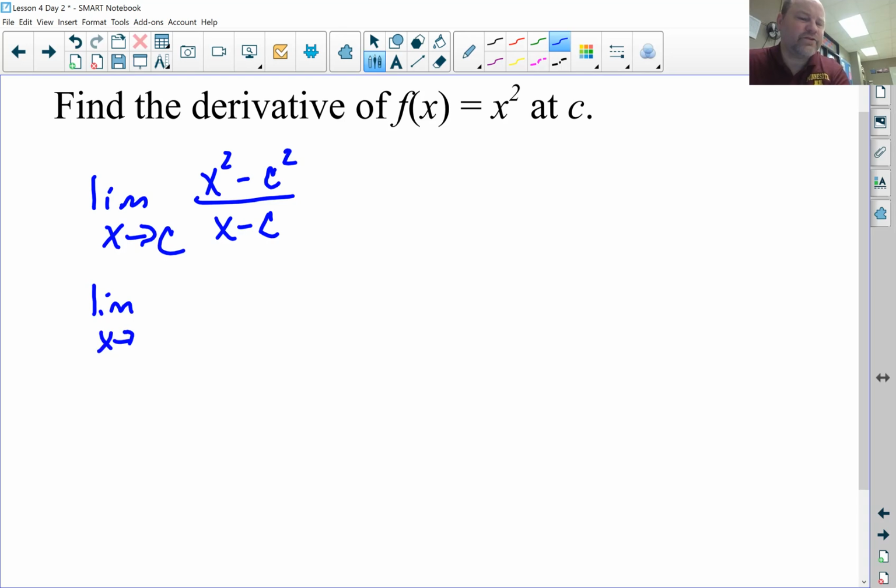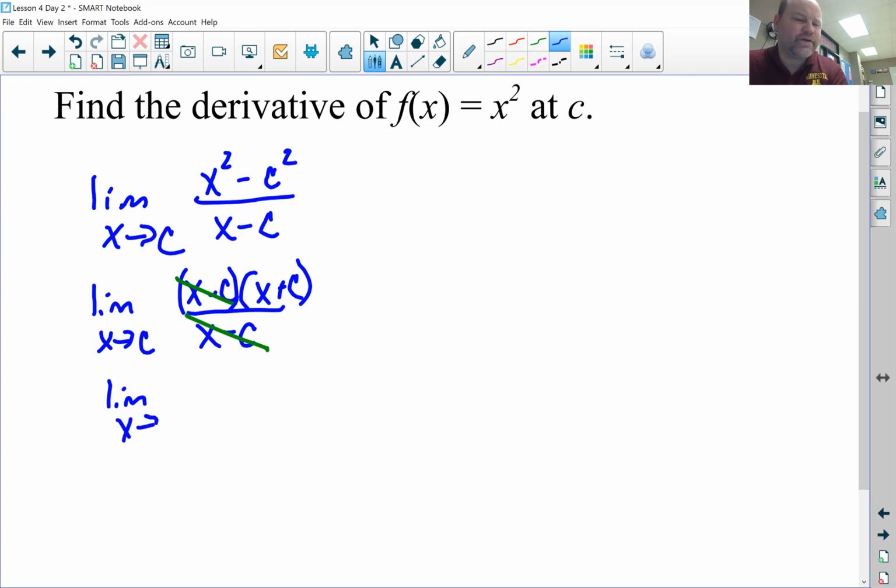If I factor the numerator, x squared minus c squared, that's a difference of squares. I get that common factor that cancels. So I'm left with the limit as x approaches c of x plus c. To calculate that limit, I plug c in for x, so I would get c plus c, which is just 2c.